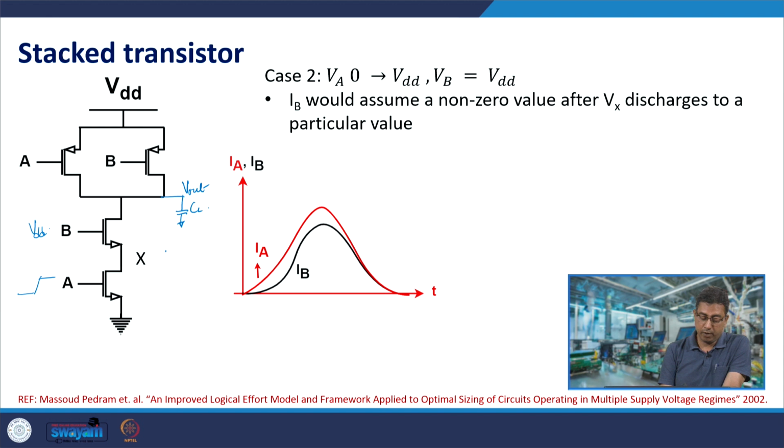So, Vx of t equal to 0 would have a value larger than 0, because B is at VDD and A is 0.